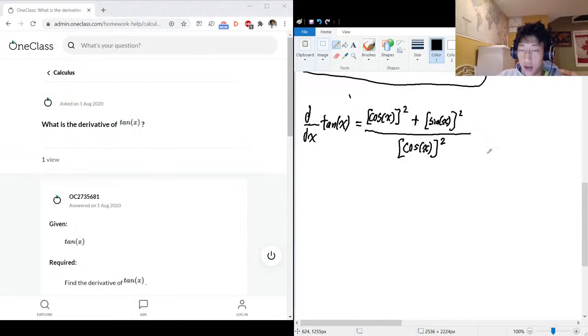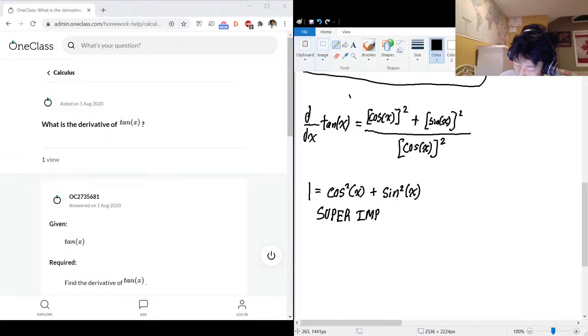Cool. Now, a fundamental trigonometric identity that you are probably going to use a lot in your mathematical magic is that 1 is equal to cos squared x plus sine squared x. This is a super important identity.